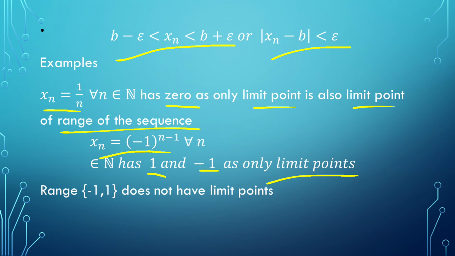That is in the domain. But if you look at the range, you find that this one will have no limit point because it is recurring. You have -1, 1, -1, 1. So that range doesn't have any point that you can call a limit point.